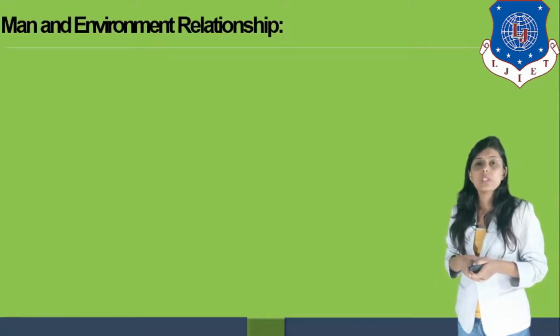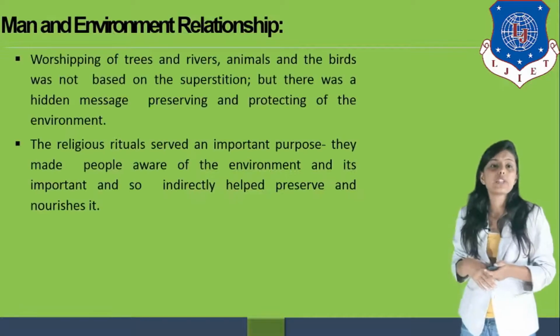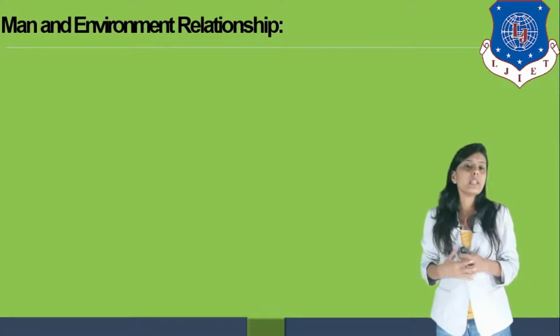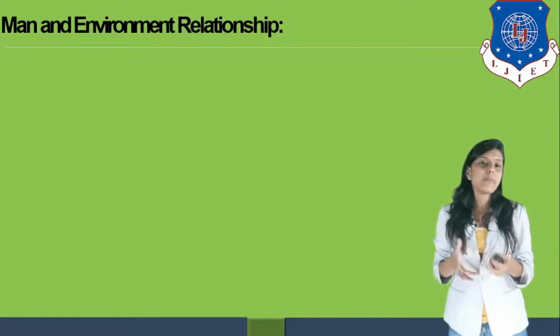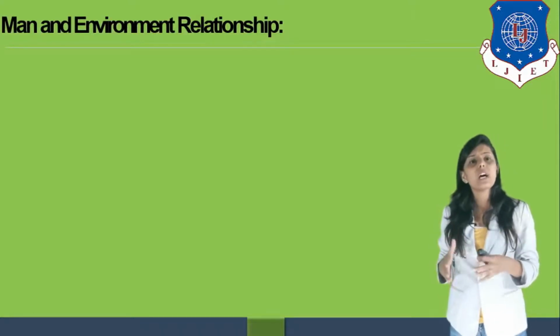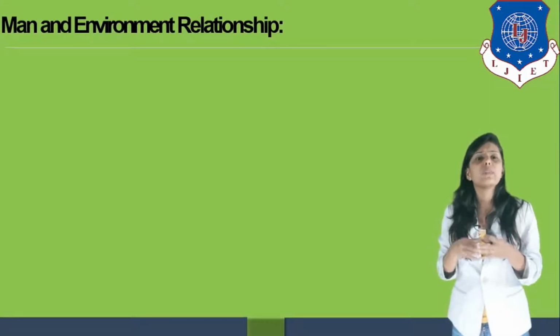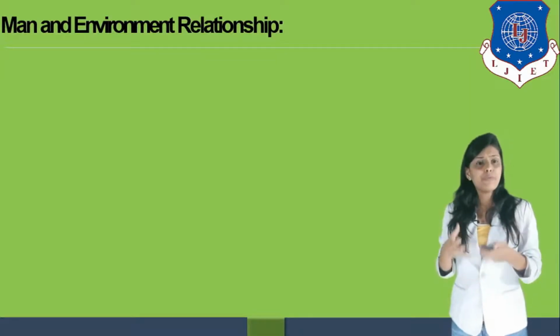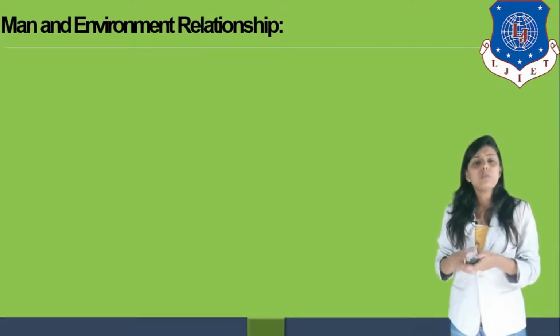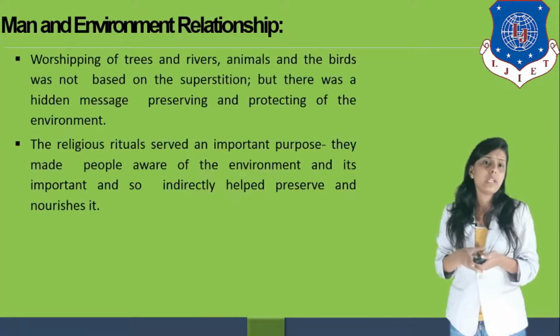Now, men and environment relationship. This is a very complicated relationship of men and environment, where we are the people who are harming the environment day by day. So it's very important that we study what is men's relationship with the environment.